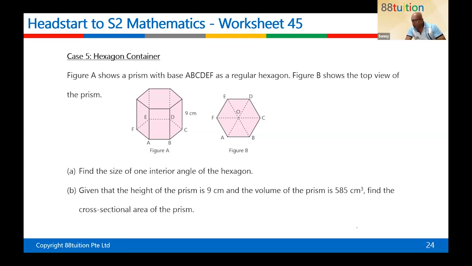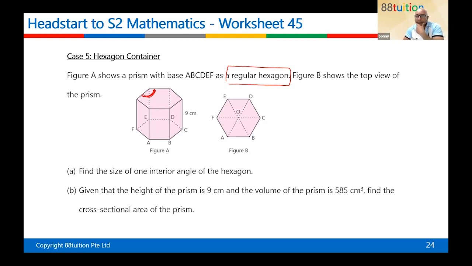You see a regular hexagon, right? Hexagon has got 6 sides. You know that. Pentagon got 5 sides. Regular means all the sides have equal length. All right, so they are. So what happens here? Find the size of one interior angle of the hexagon. This is the interior angle, guys. Look at this. I've highlighted. This is what they want you to find, all right?